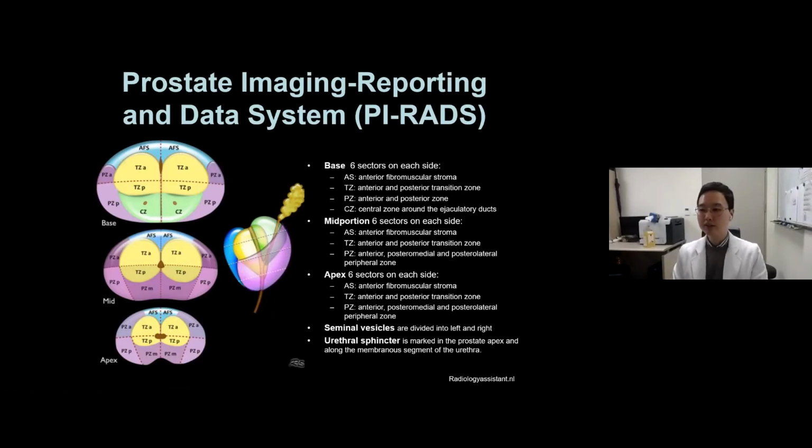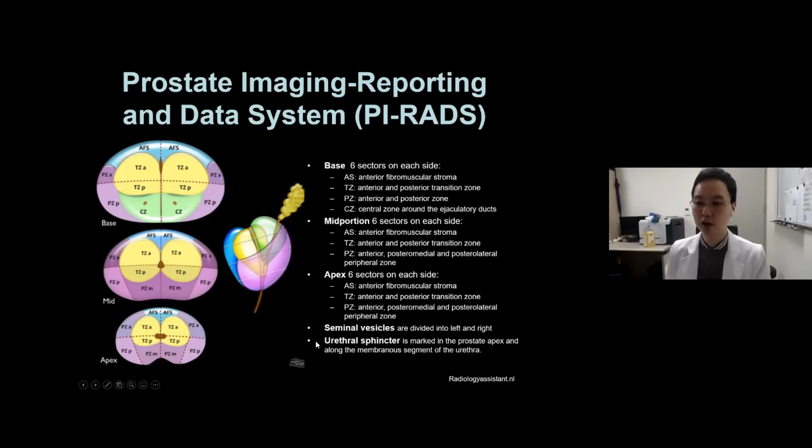Based on PI-RADS version 2, they employ 39 sectors. So like 12 in the base and 12 in the mid portion because it is on each side, and 2 for apex, and 2 for seminal vesicle, and 1 for urethral sphincter.